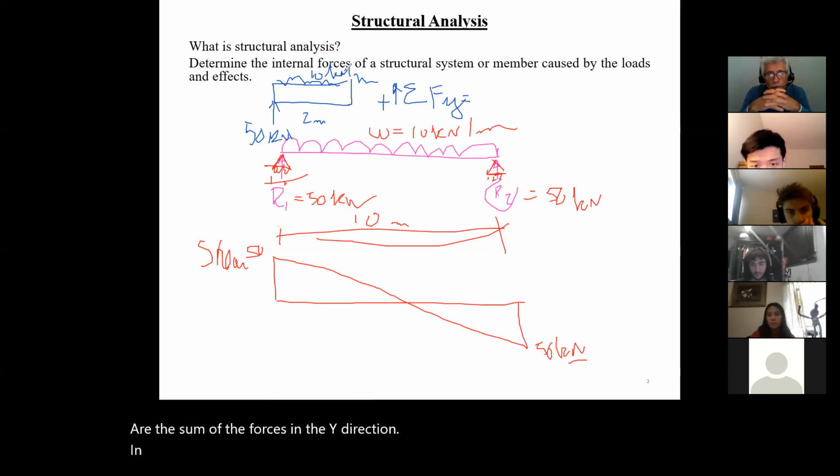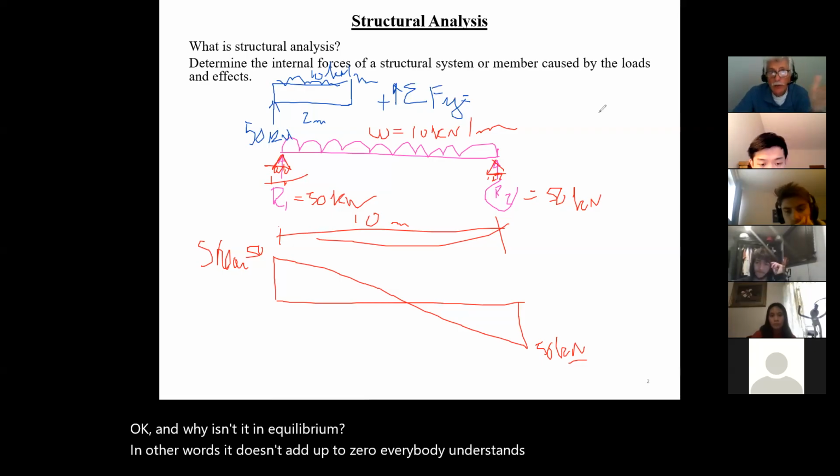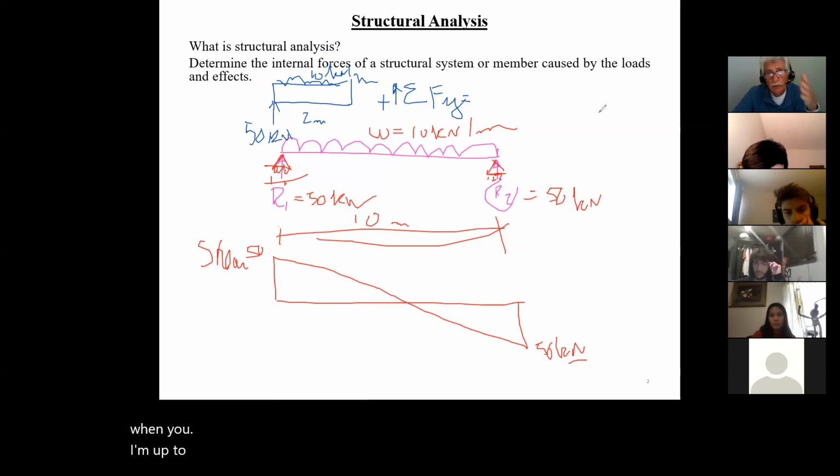Yes or no? No. And why isn't it in equilibrium? It doesn't cancel out. In other words, it doesn't add up to zero. Everybody understands what equilibrium means? That when you sum up the forces, if it adds up to zero, you're in equilibrium.